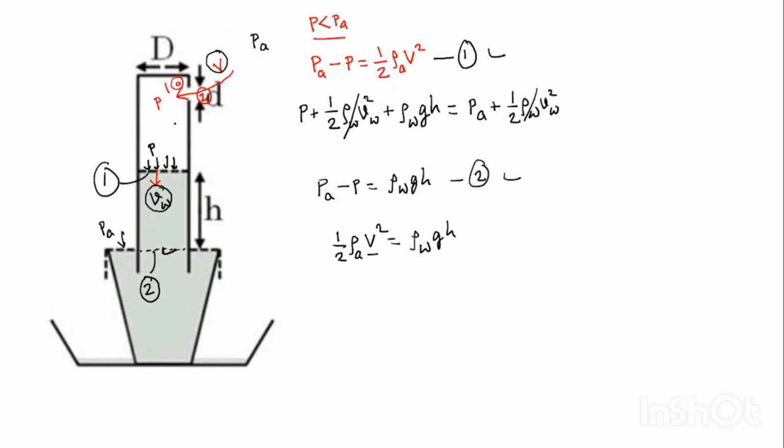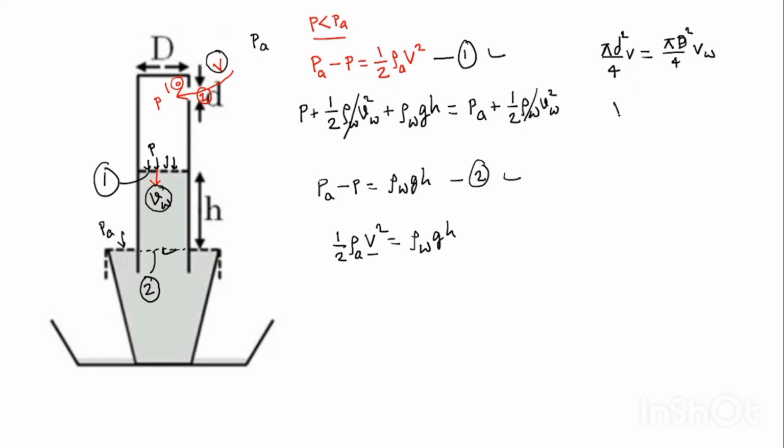You see one thing, from the continuity equation, whatever volume is rushing in here must be the volume which is expanding. That means you should write A1 V1 is equal to A2 V2. So A1 is pi small d square by 4, and A2 is pi capital D square by 4 times VW, isn't it?